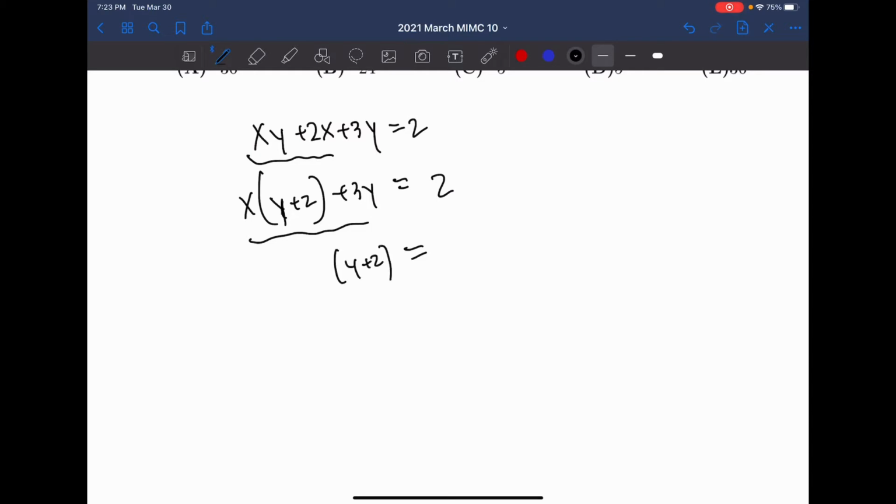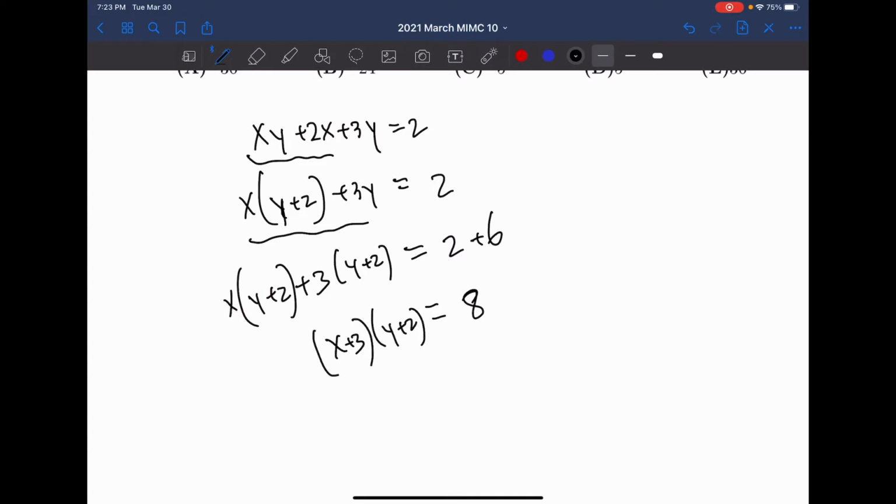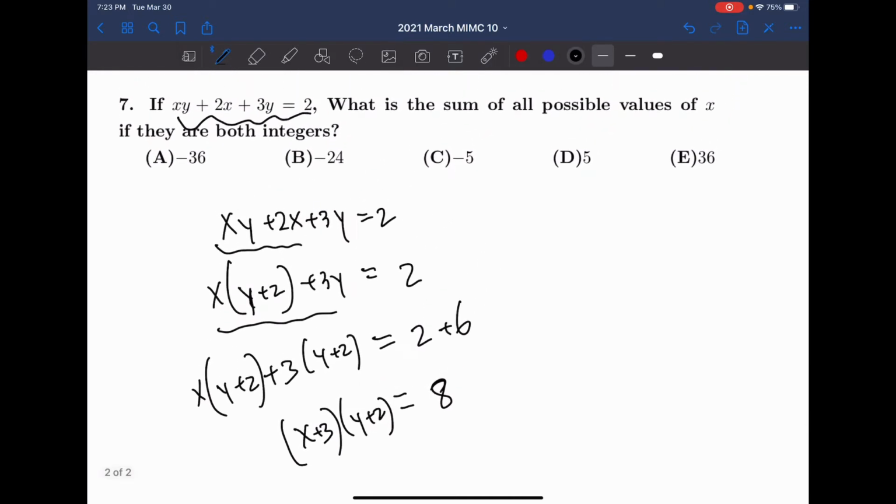So x times y plus 2, plus 3 times y plus 2, is equal to 2. However, we add 6 on the left-hand side of the equation, so we have to add 6 on the right-hand side as well. That will be 8, and the left-hand side can be factored out as well. So x plus 3 times y plus 2 is equal to 8.